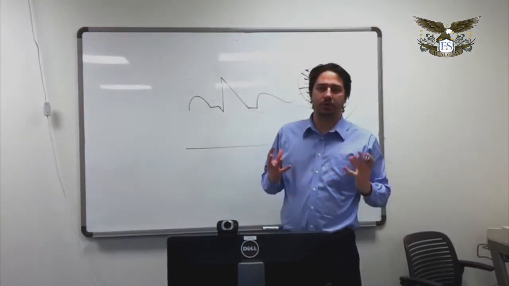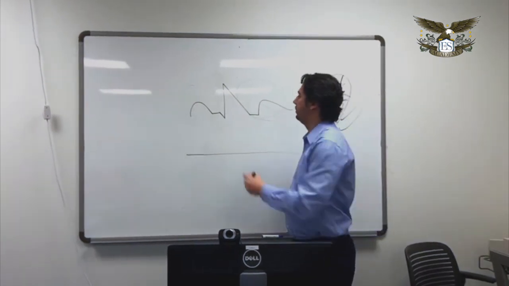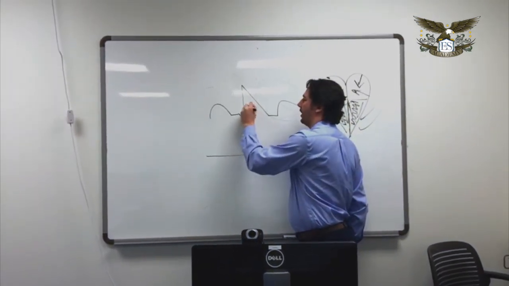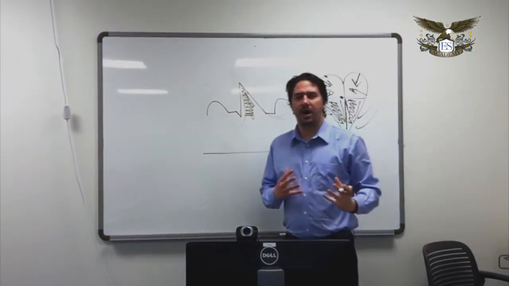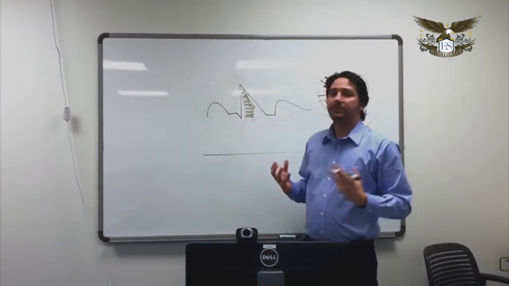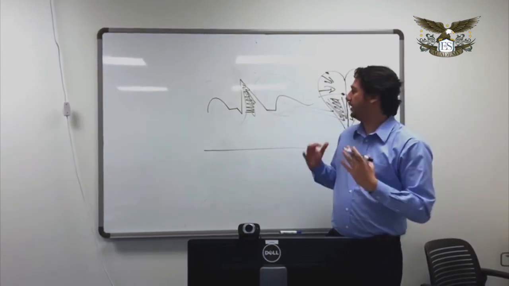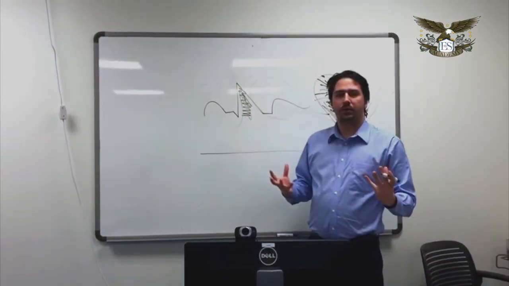Where is the atrial repolarization? It happens somewhere within the QRS complex. It just so happens that the QRS complex is taller than the atrial repolarization.